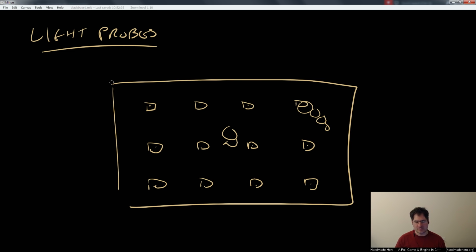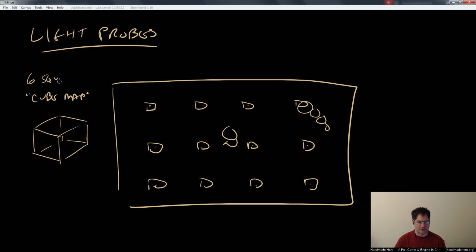And in this case, because GPUs tend to have this built in, they usually use a thing called a cube map. Now, you can use other sorts of things, like there's various ways of storing spherical harmonic style, reduced coordinate versions of lighting. There's all sorts of other things you might do. But one thing that's very common is to store what's called a cube map. A cube map is literally a cube with a texture map on each of its faces. So it's just a glorified way of saying I have 6 square textures.